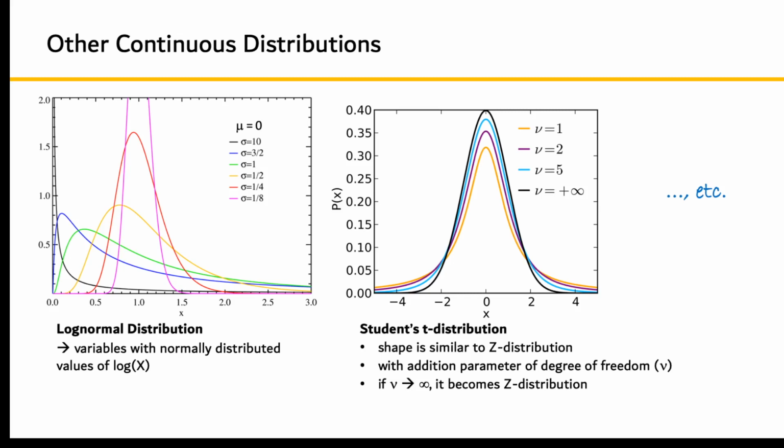The lower the degree of freedom, the wider the form of the distribution is. Meanwhile, if the degree of freedom approaches infinity, the t-distribution becomes identical to the z-distribution. We will use the t-distribution a lot in statistics.